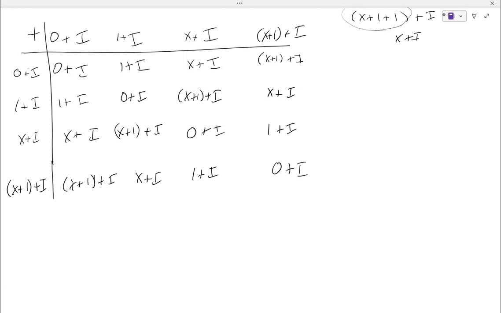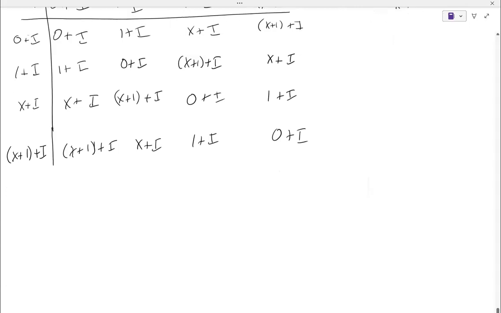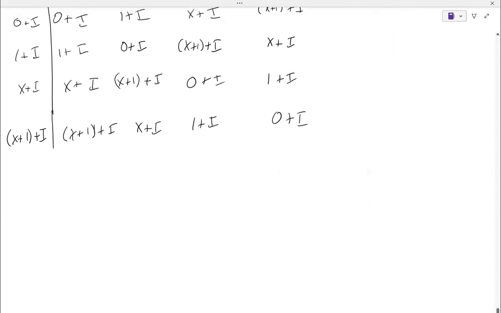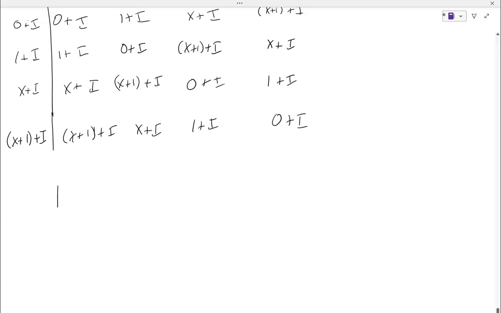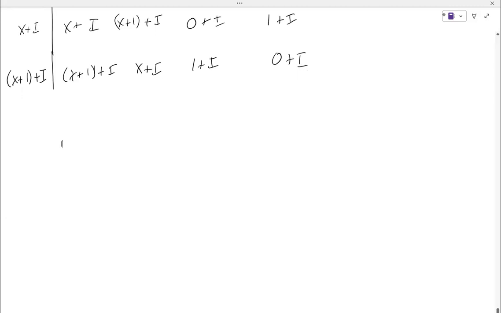That part okay for the addition table? Okay, cool. All right, multiplication. Multiplication is a little trickier.